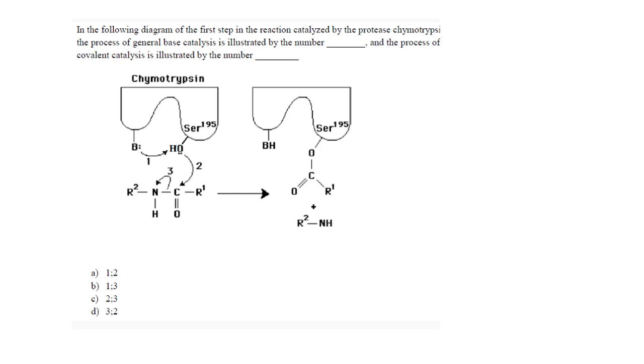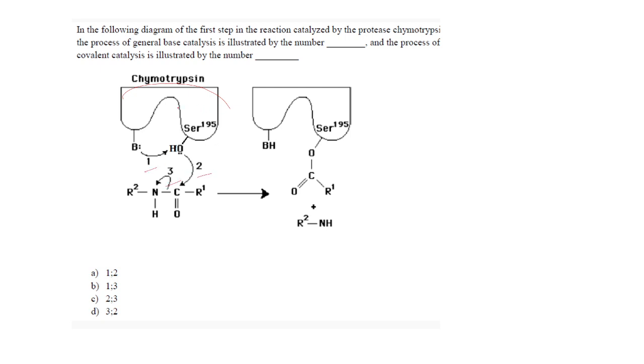Another question we have: in the following diagram of the first step in the reaction catalyzed by the protease chymotrypsin, the process of general base catalysis is illustrated by the number, and the process of covalent catalysis is illustrated by number. So here it is, this is chymotrypsin, and numbers one, two, and three are given here.